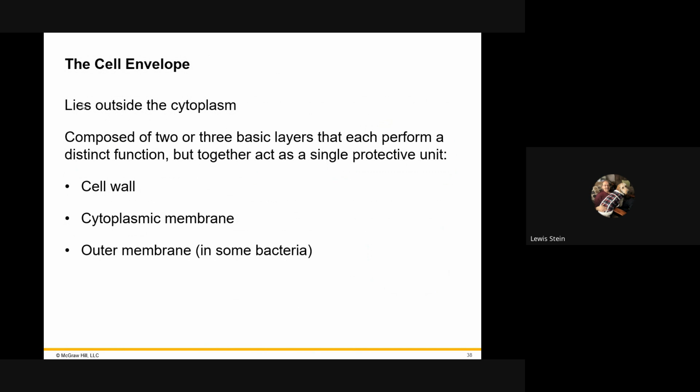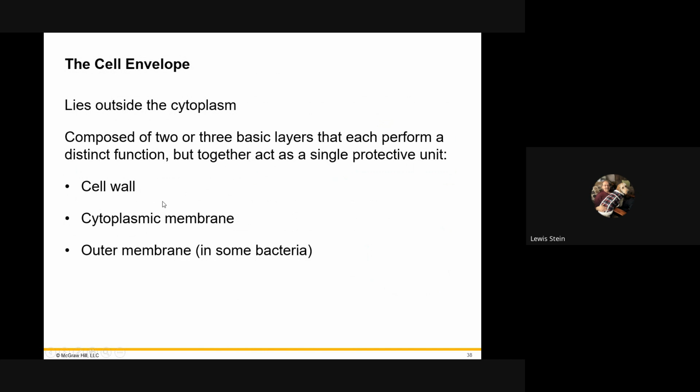If you disrupt the membrane, you disrupt the enclosure. If you disrupt the wall, you disrupt the enclosure. Doesn't matter. They function together. It's an envelope, an enclosure. 2 or 3 basic layers, each functional, but they work as a single protective unit.